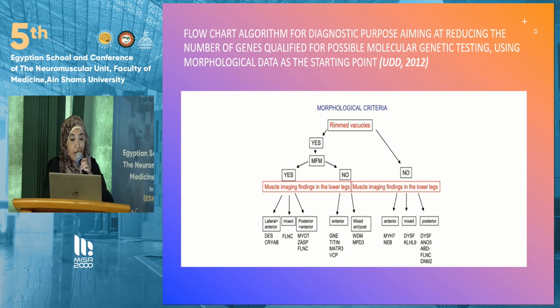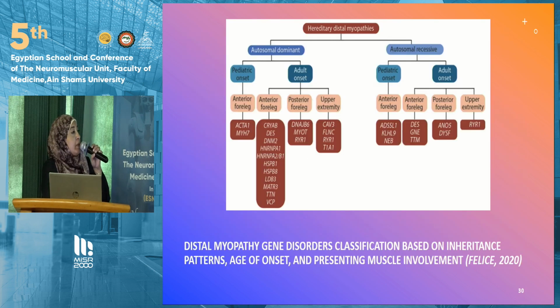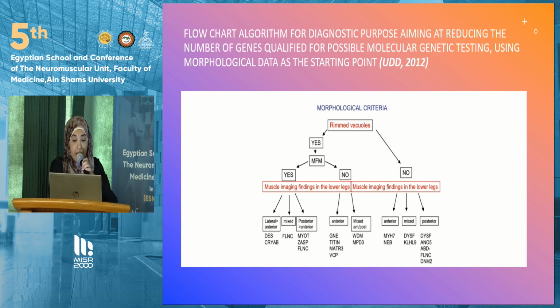If we have rimmed vacuoles, then it might be myofibrillar myopathy, yes or no. If we don't have rimmed vacuoles, we look at muscle imaging findings in the lower leg. If anterior, we have nebulin; mixed, dysferlin; posterior, dysferlin, ANO5.